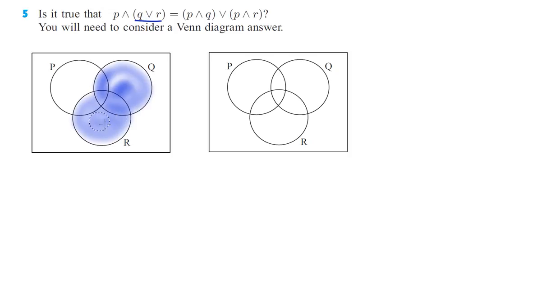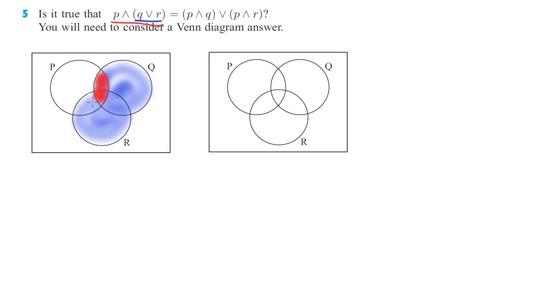All right. So there's Q or R, and then let's go to P and Q or R. So that's going to be the red here. So wherever P and then Q or R intersect is what we want to color, right? So that's going to be all this stuff right up in here.